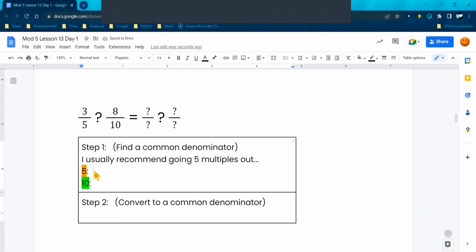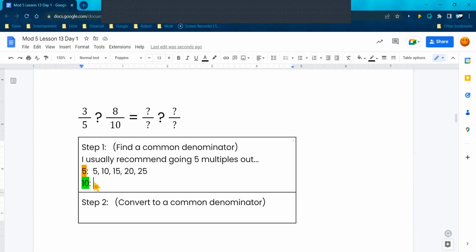So right here, I'm going to count out. Remember, I go 5 multiples out. So we're counting by 5s. 5, 10, 15, 20, 25. Now, ladies and gentlemen, I did hear some of you go, Miss Alexander, we don't have to go all the way out to 25 because I see that 10's down here already, so we can stop at the 10.